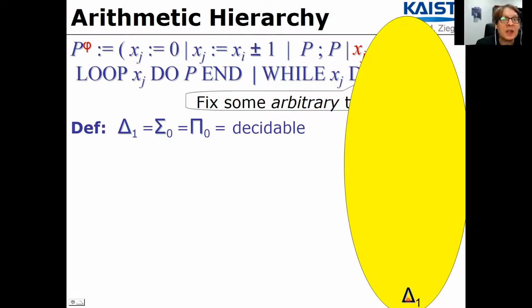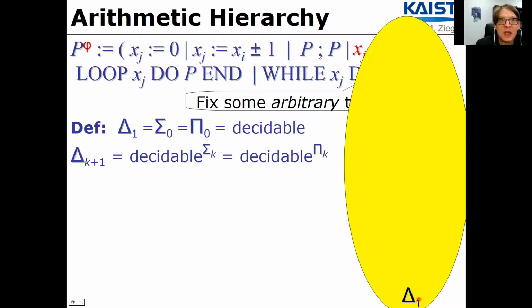So now it really justifies delta 1 as a lowest level of the hierarchy we're currently constructing and building. And what we do now is we kind of climb up by saying next level is the previous level being available for Oracle access in order to define the next level.